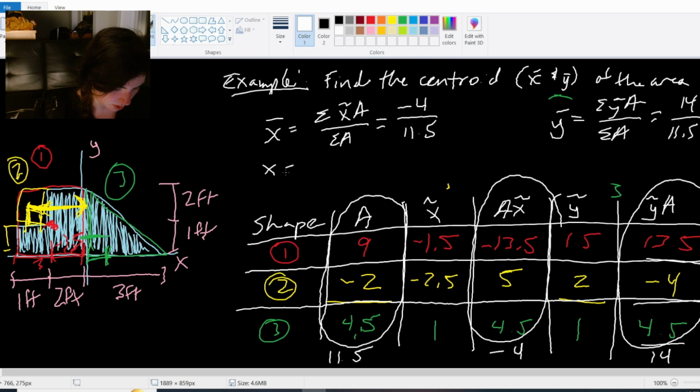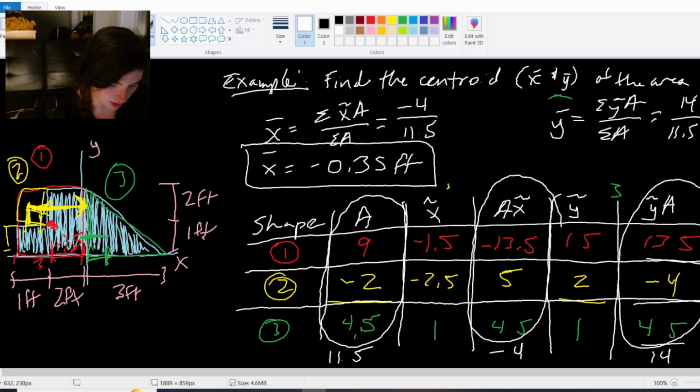My x bar, my x centroid, is -0.35 feet. And then my y bar, punch that into my calculator, and I get 1.2 feet.